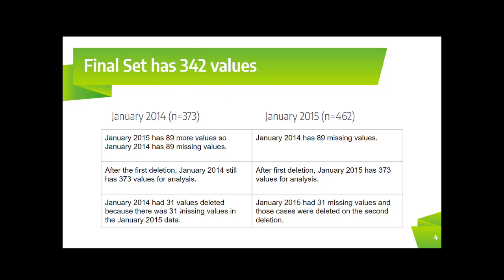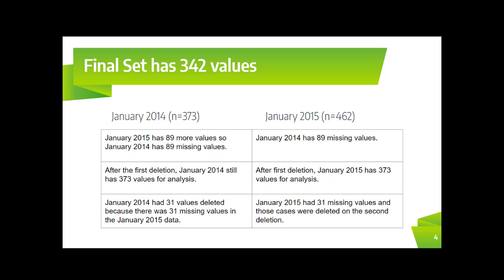So those 31 values that were missing had to have been from January 2015. So at the end of the day, we know that January 2014 had 89 missing values, and January 2015 had 31 missing values. So we're just evening it up after each deletion.